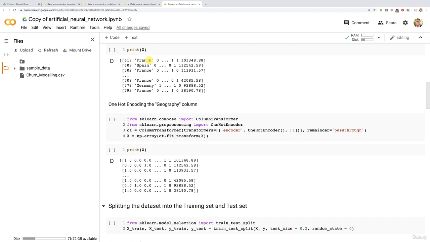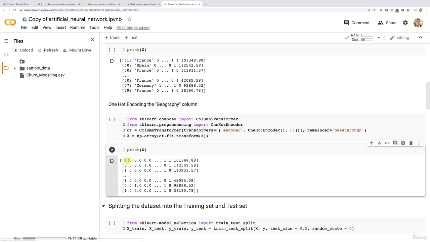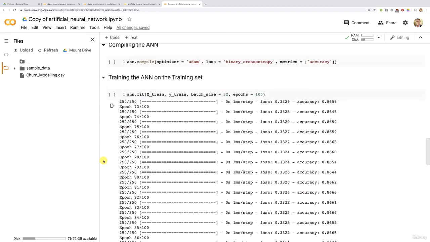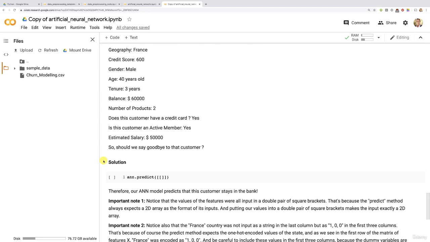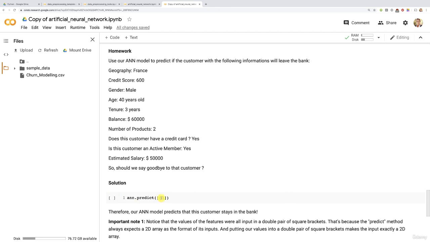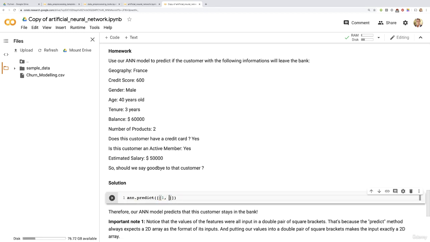And so now we just need to compare France here to the one hot encoding resulting from what we did here. We can see that the first row contained 1 0 0 as the values of the dummy variables, and therefore France was encoded into 1 0 0. So the dummy variable values for the country France in the geography variable is indeed 1 0 0, and that's exactly what we have to enter here as the first parameter. So let's do this. Let's enter 1, 0, 0, and there we go.